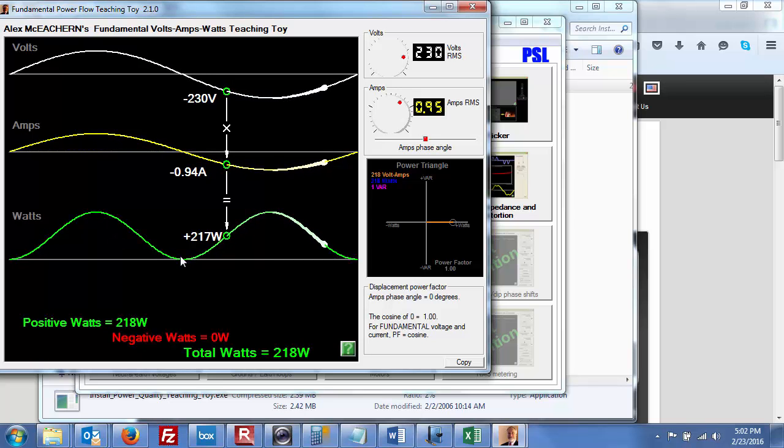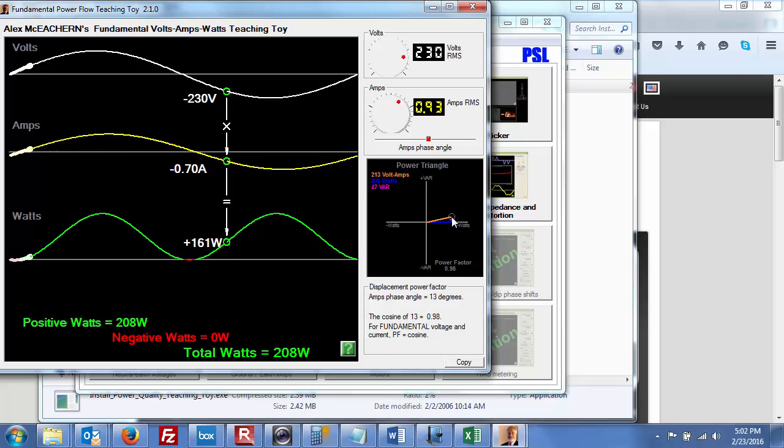Here's your zero crossing, etc. Watts can't be negative, so you multiply positive amps times positive volts to get positive watts. Negative volts times negative amps gives you positive watts. So there's your AC power in action, and still positive power.